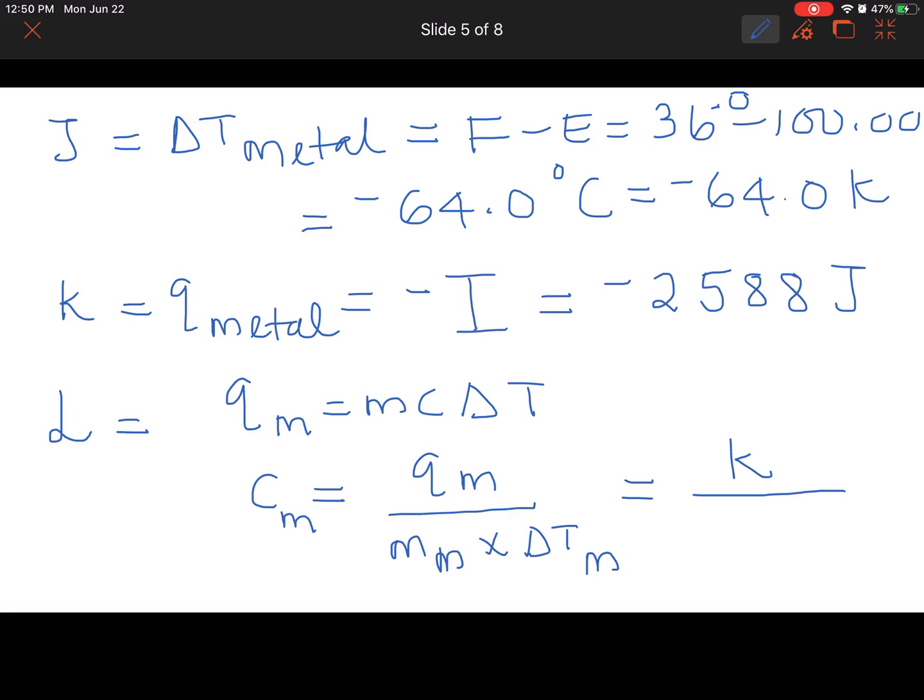Where do we have the mass of the metal? I believe it's A. Yes, the mass of the metal sample is A. Divide by A, and then the delta T for the metal. Which letter is delta T for the metal? That's going to be J. So what you have written on K, A and J will give you the specific heat of the metal. So let's see how we're going to put the numbers in and find the specific heat.